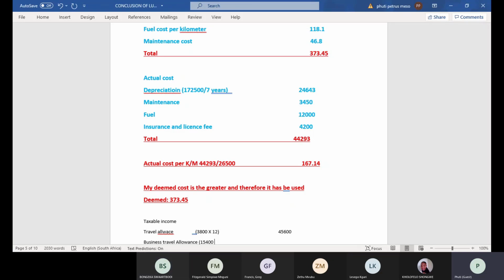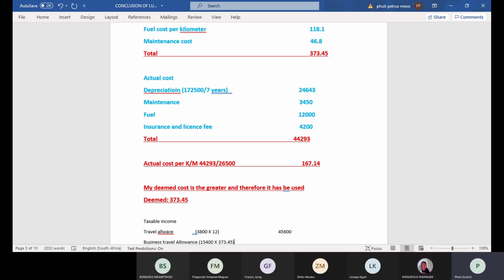15,400 rand. And then you multiply it by the greater between the deemed and the actual cost. And the greater is 373.45. And then you get how much? Let's have a look at that. Okay, 15,400 rand, and then you multiply this by 373.45.